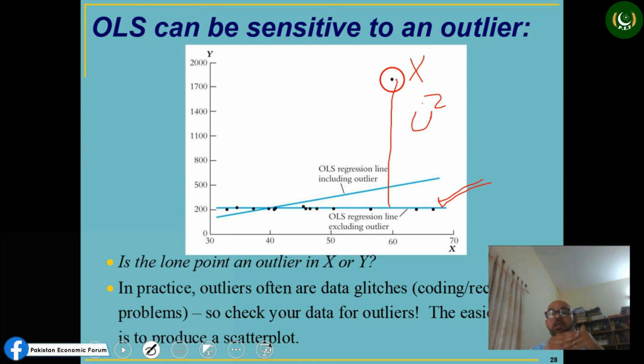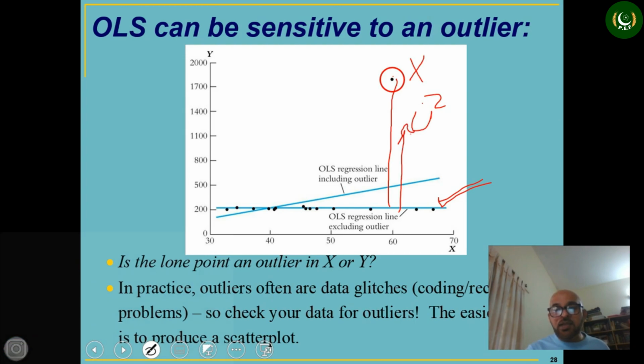So in order to minimize the sum of squares of residuals, this point pulls the line towards itself, and it makes the line slightly far away from these points. So the line you will fit in the presence of the outlier will be this one.